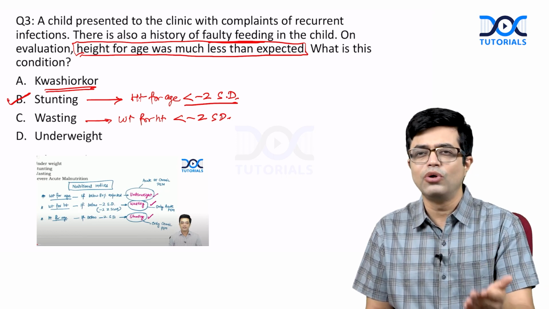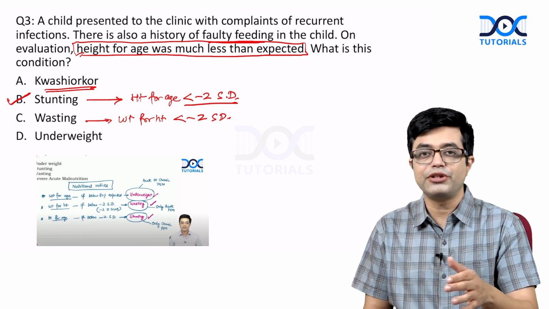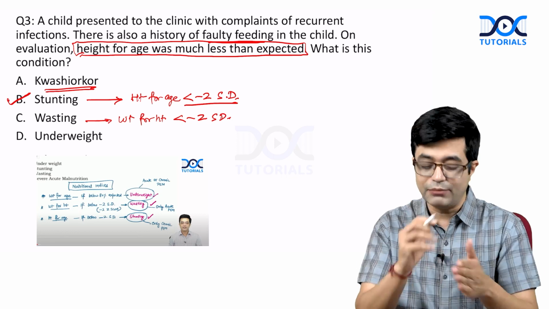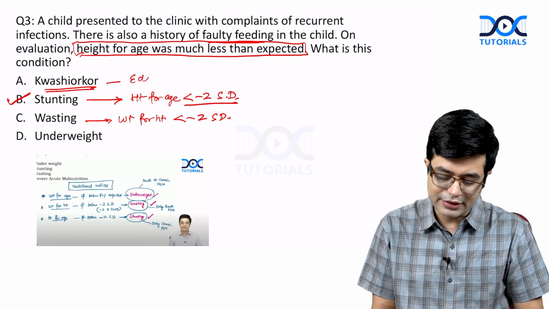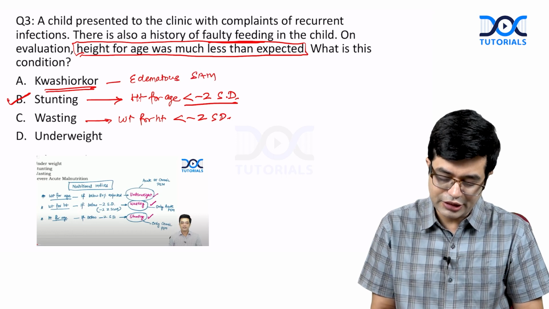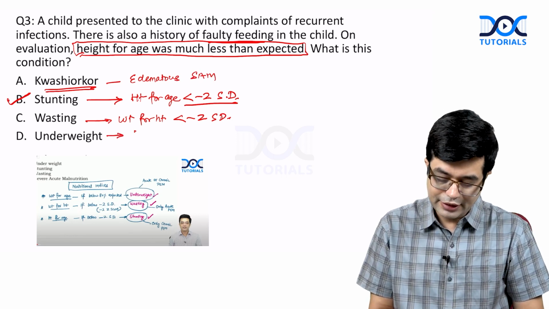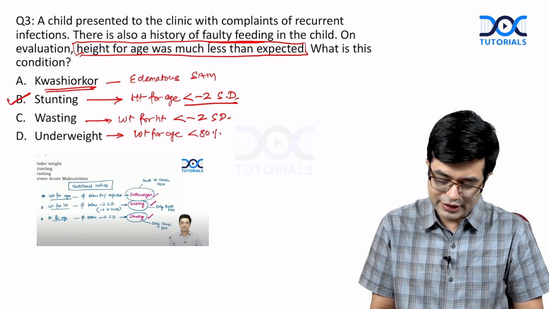Sometimes MUAC below 11.5 is also severe malnutrition, but kwashiorkor will always have edema. So kwashiorkor will be edematous SAM, edematous severe acute malnutrition. And what is an underweight child? The definition for this is weight for age below 80% of expected. So these are the 4 definitions.